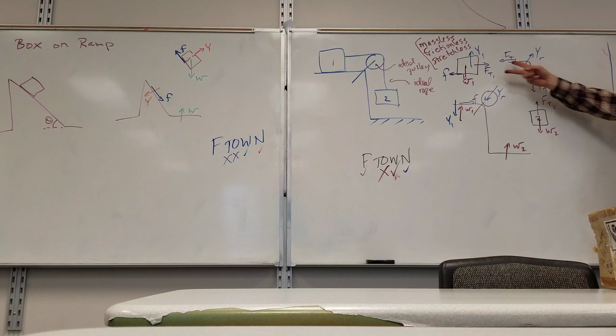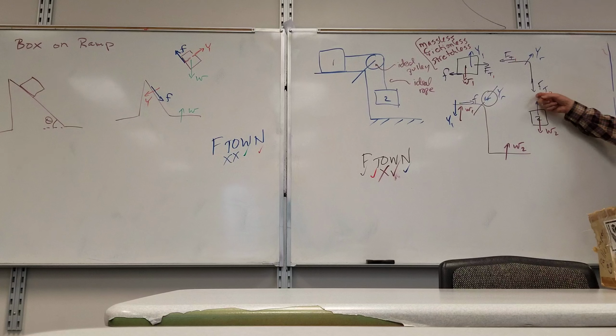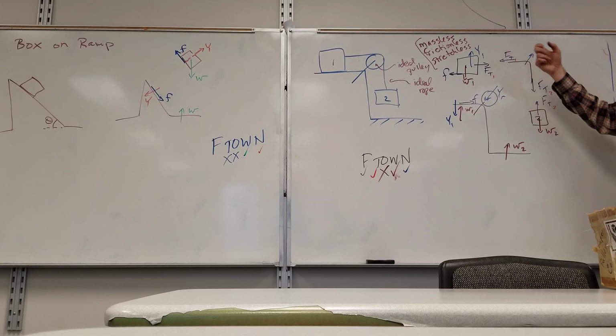It's not wrong if you do. And that's the last one, tension. There should be a pair of tensions at the end of a rope.